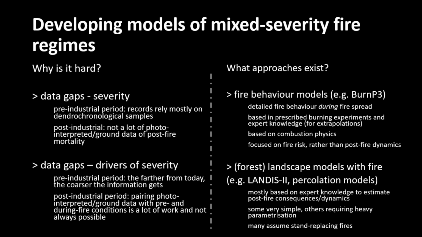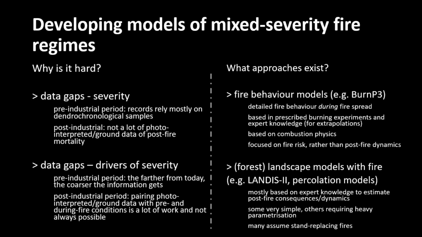On the other hand, we have forest landscape models like Landis and other models that can be simpler and more complex. But again, because of the data gaps, they're mostly based on expert knowledge. Some are extremely simple and ignore a lot of the interactions, and others that don't ignore a lot of the interactions require really heavy parameterization, and again, a lot of it drawn from expert knowledge.